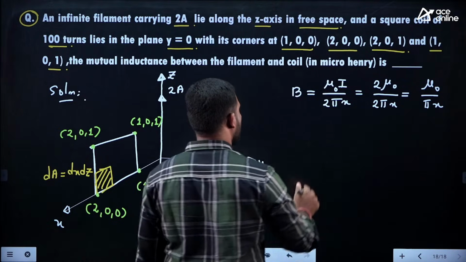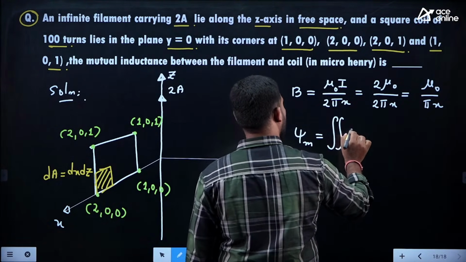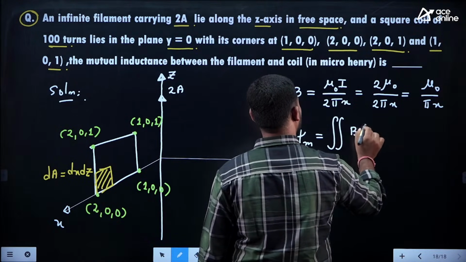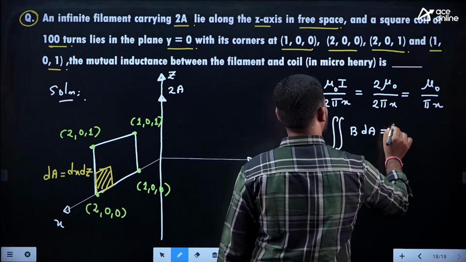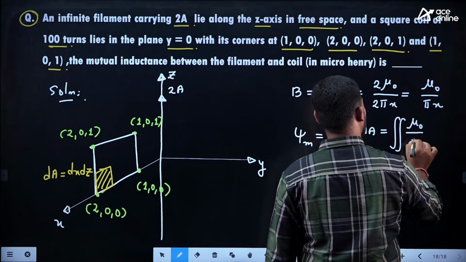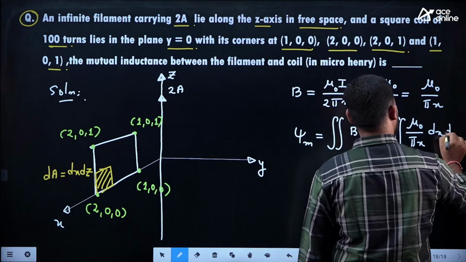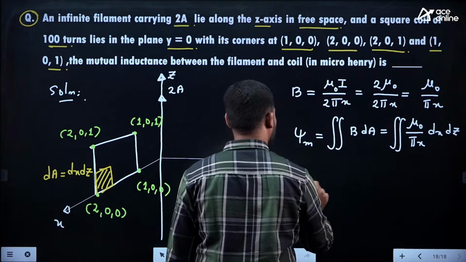So this is a flux. Find out the magnetic flux here: the surface integral of B dot dA. So it is a surface integral of mu naught by pi x, dx dz. Separate out the variables here.